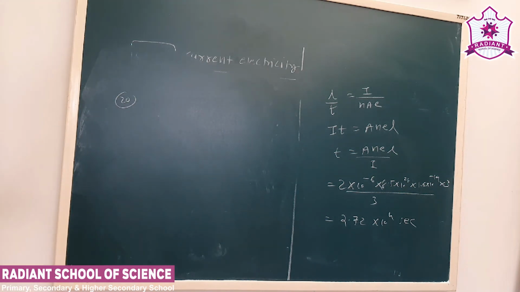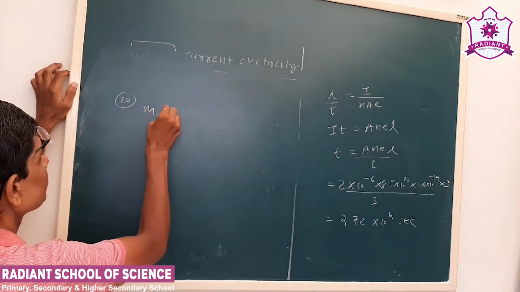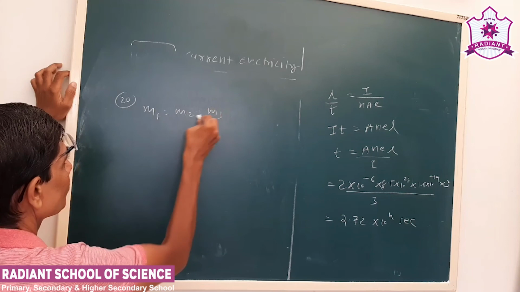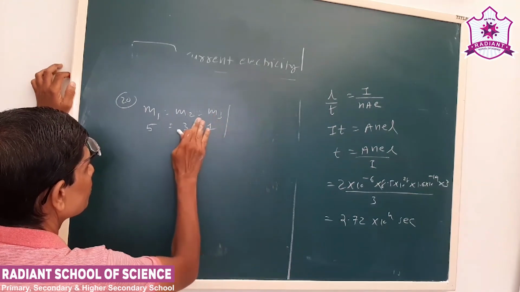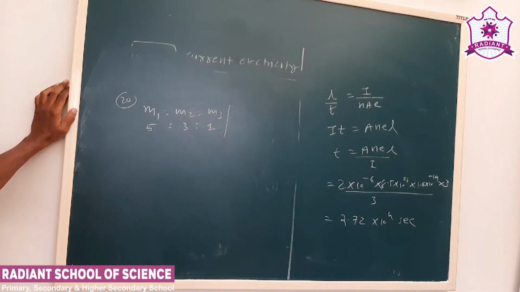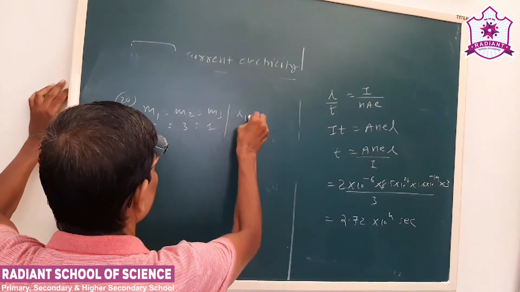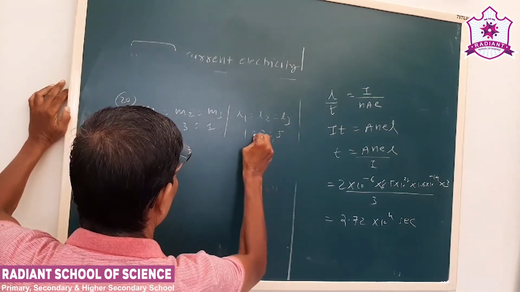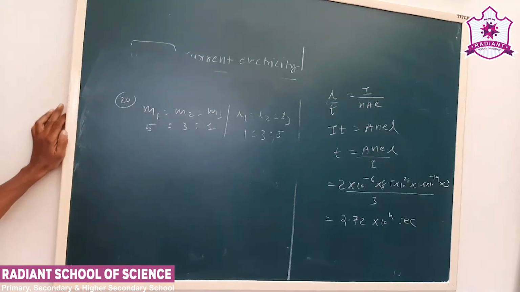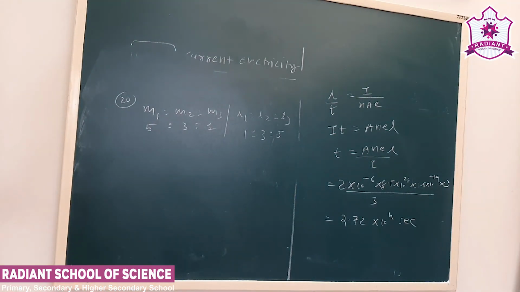The question is like this: the masses of 3 copper wires are in the ratio 5:3:1, and their lengths are in the ratio given, it is a ratio proportion. Now what is the ratio of their electrical resistance?